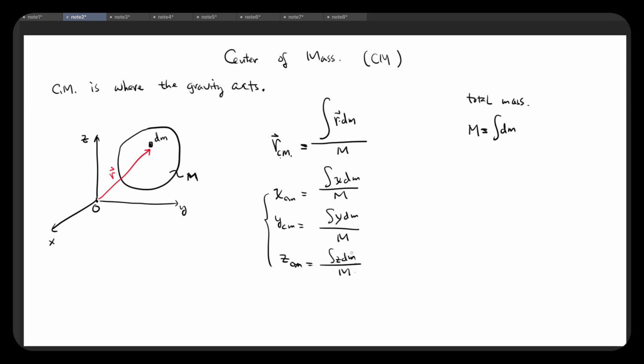But before I do that, this r times dm, as I said, is the position r weighted by the mass dm. Now think about one simple example. Let's say there's an object that contains two masses.